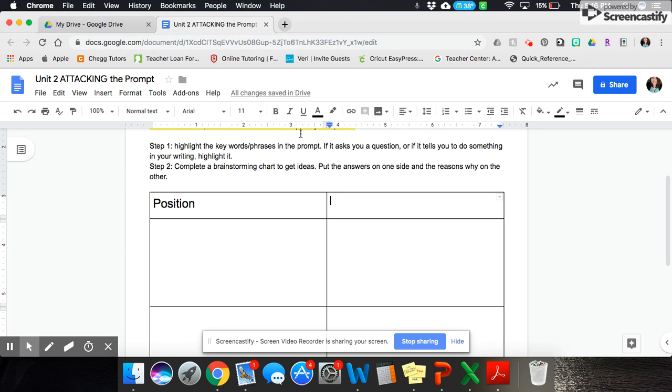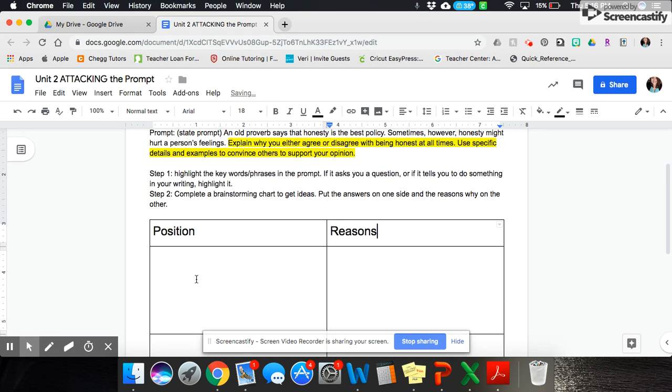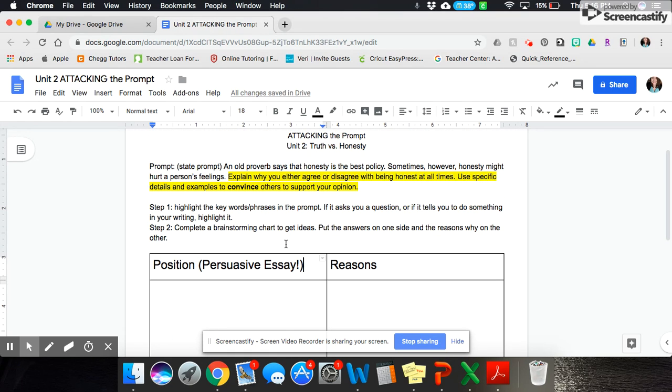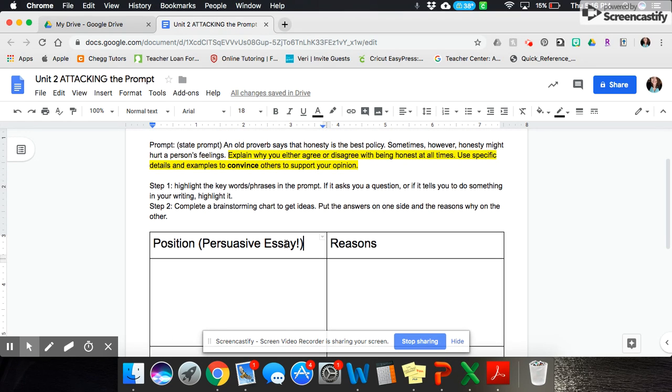And on the other side, you're going to write the word reasons. Now, in my prompt, I see this word convince. This word convince is really important because it tells us that this is going to be a persuasive essay. So that means we're going to have to convince our reader to take our side.